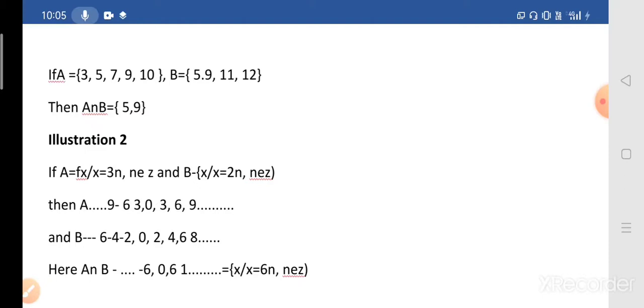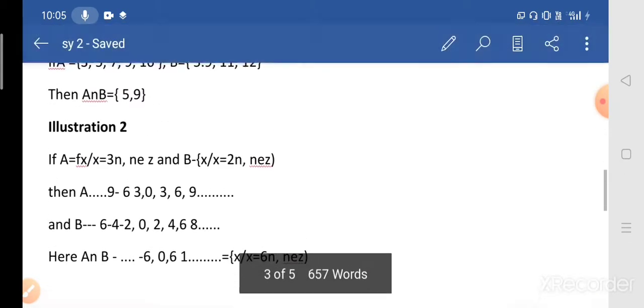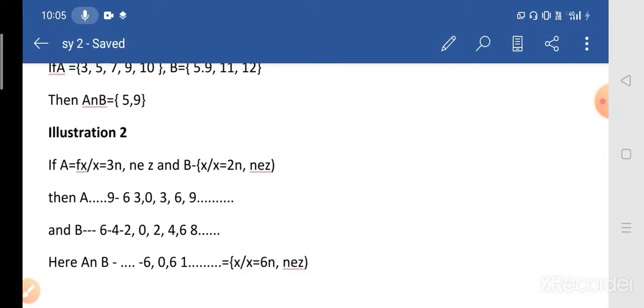Then A intersection B, we get the common elements, A intersection B is equal to 0, 6, 12, and so on, which are all even numbers.